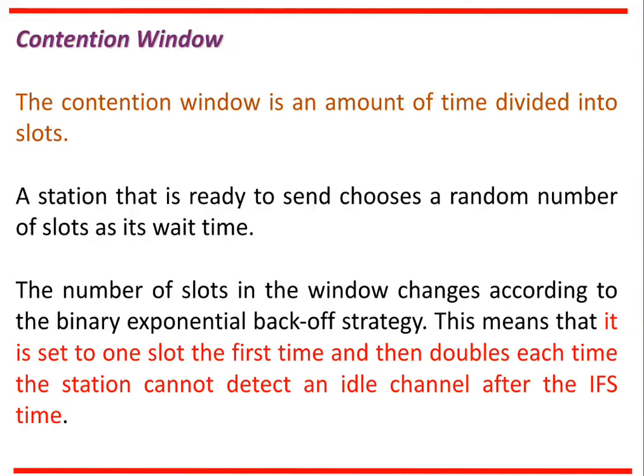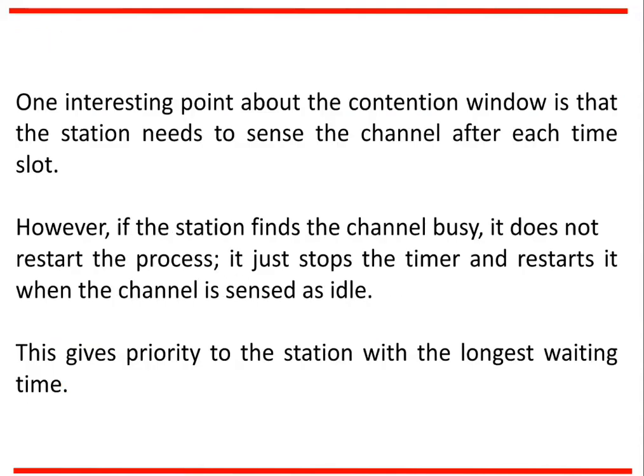That is, it is set to one slot for the first time and then the value doubles each time the station cannot detect an idle channel. That is, if the channel is busy, then the number of slots will be doubled, and that is the contention window.